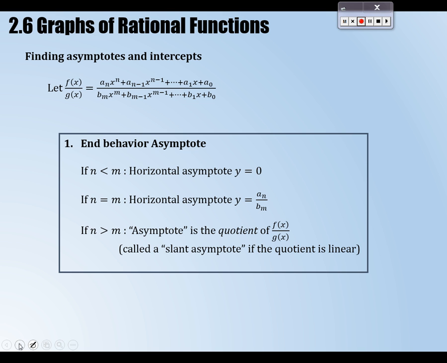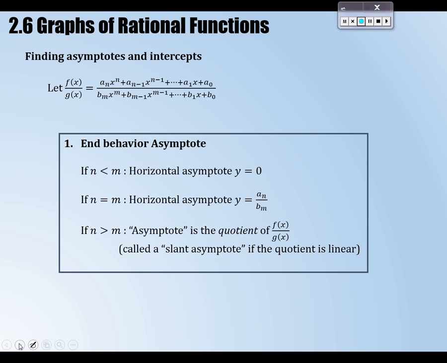Using my notation up here. I'm just reading it off here. n is the degree of the numerator, and m is the degree of the denominator. All right, so now that we have that firmly in mind, we can say if n is less than m, and by that we mean if the degree of the numerator is less than the degree of the denominator. But it's easier to say if n is less than m.